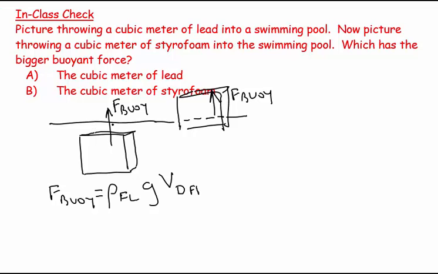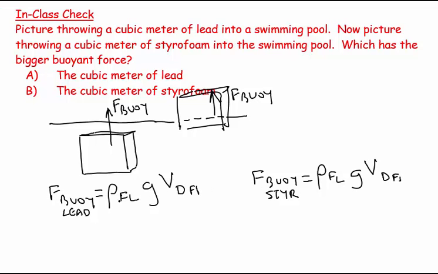Now if I look at this, let's say the buoyant force for lead, and over here the buoyant force for styrofoam. It also equals the density of the fluid times g times the volume of the displaced fluid.